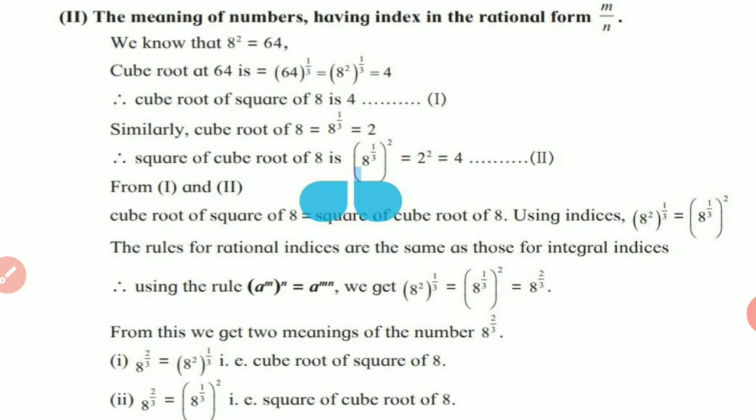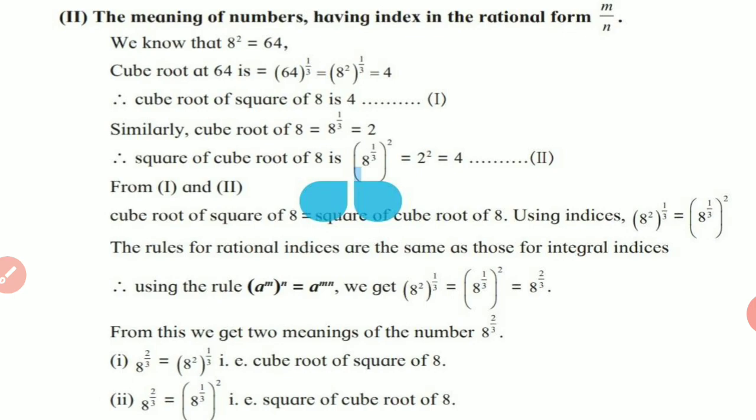Cube root of square of 8 is 4. Similarly, cube root of 8 is equal to 8 raised to 1 upon 3 is equal to 2. Square of cube root of 8 is 8 raised to 1 upon 3, raised to 2, is equal to 2 square, is equal to 4.